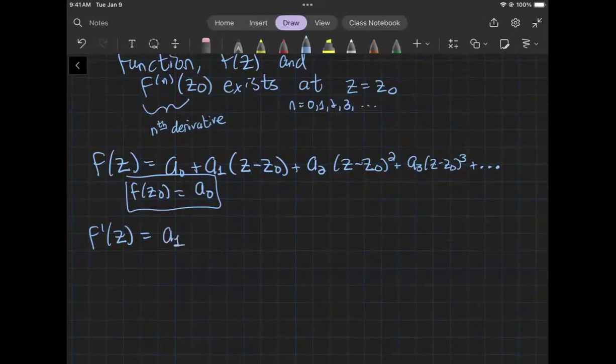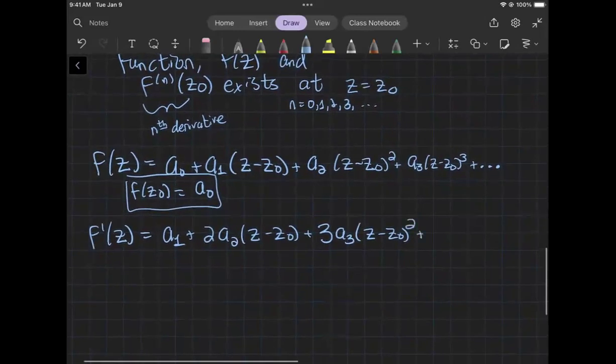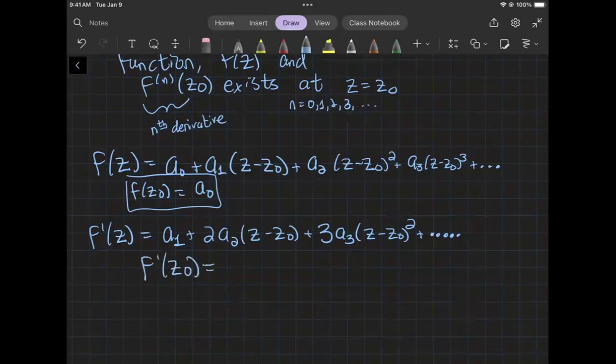I'll get a1 plus 2 times a2 times z minus z naught plus 3 times a3 times z minus z naught squared, and this keeps going. So we differentiate the power series term by term. At z naught, these quantities would be 0, and we get that f prime of z naught equals a1.